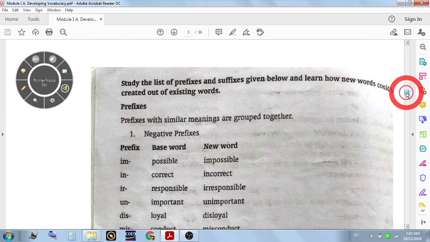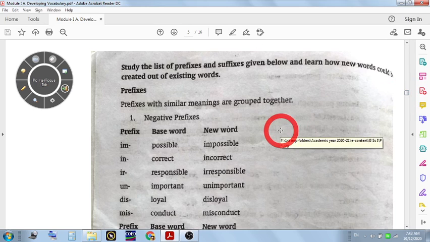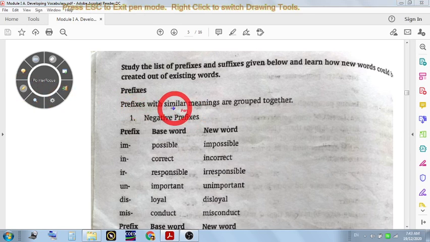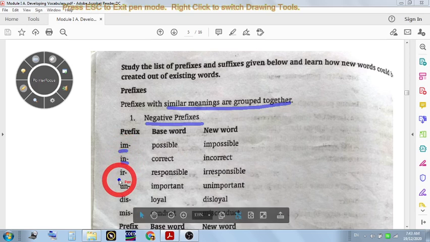Now we divide prefixes into categories. Prefixes with similar meanings are grouped together. So the first category of prefixes is negative prefixes. And here are some examples. You see im, in, ir, un, dis.